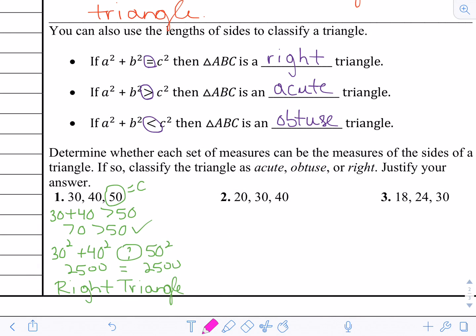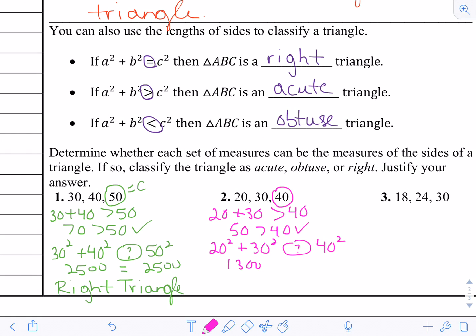Second one here, first you have to decide if this is a triangle. So the only thing you have to do is add your 2 sides up and make sure it's greater than the biggest one. 20 plus 30 is 50. 50 is greater than 40. So since that is true, we have a triangle. Now we're going to see what kind of triangle it is by doing 20 squared plus 30 squared and seeing how that compares to your 40 squared. 20 squared plus 30 squared in your calculator will give you 1300. 40 squared in your calculator will give you 1600.